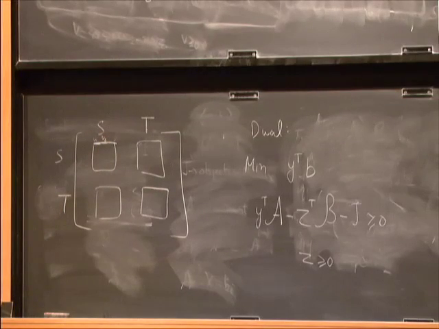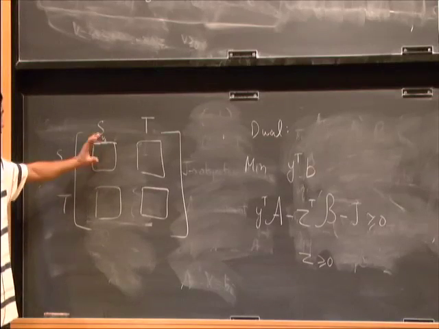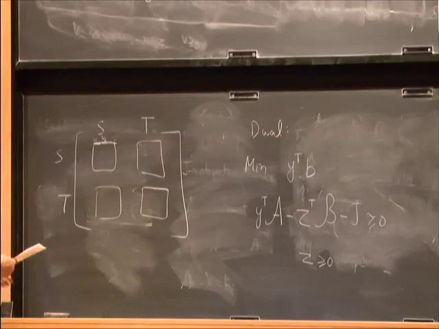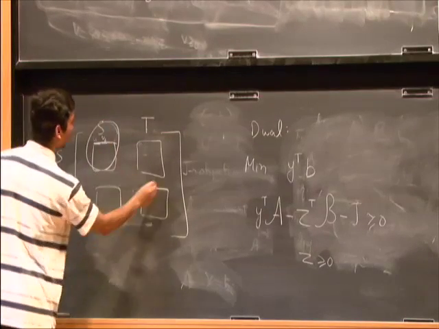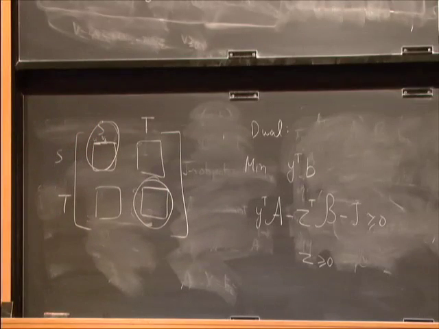So as you said, you have this matrix, and then all these constraints are only over this block or this block.